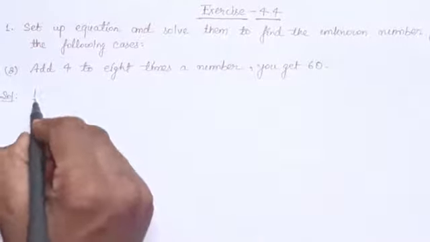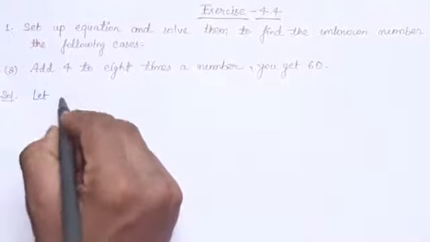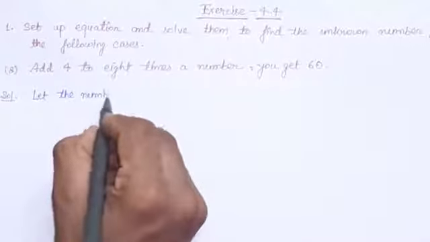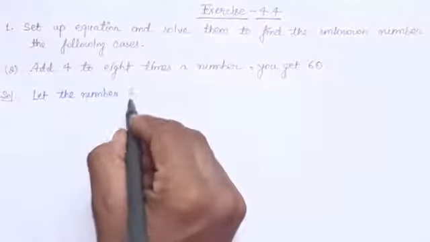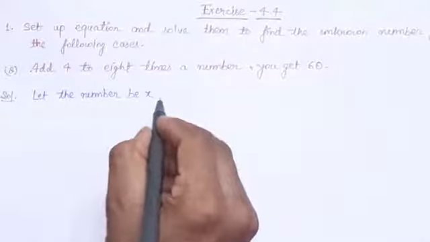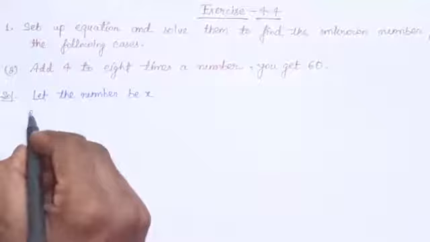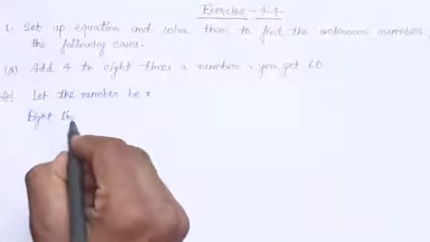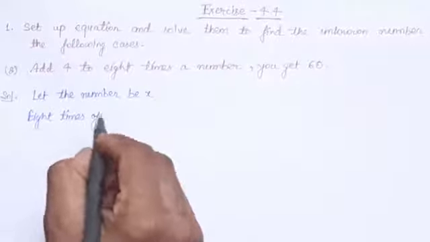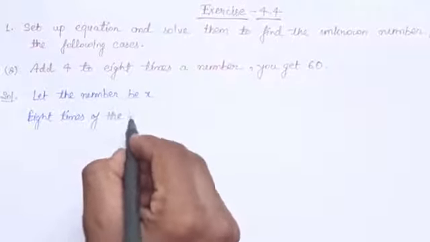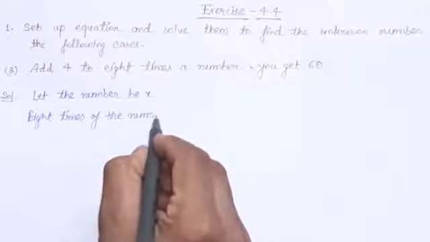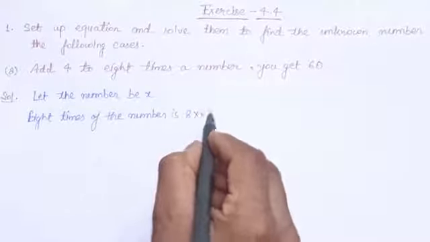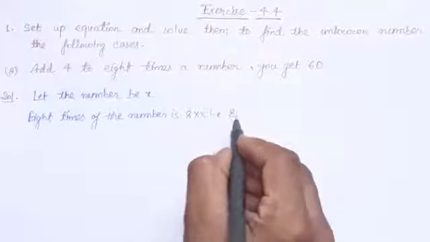So let the number be x. So 8 times of the number is 8 into x, that is 8x.